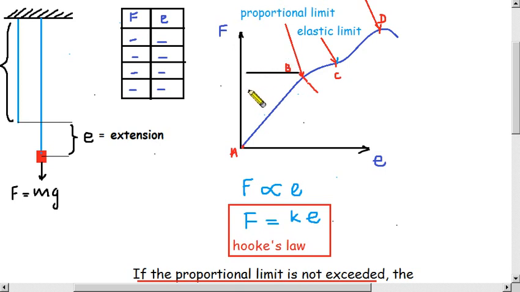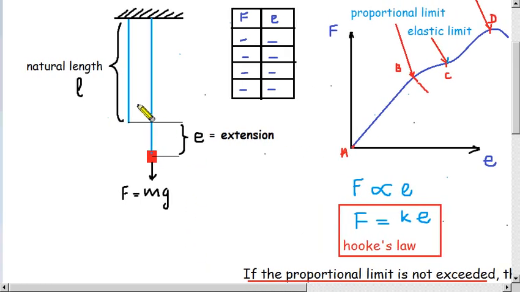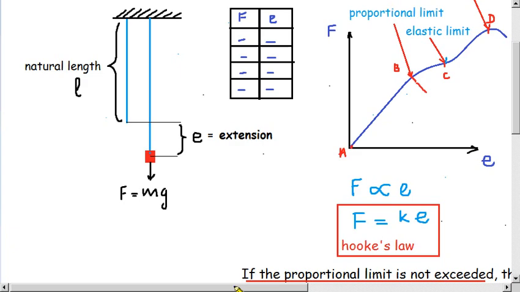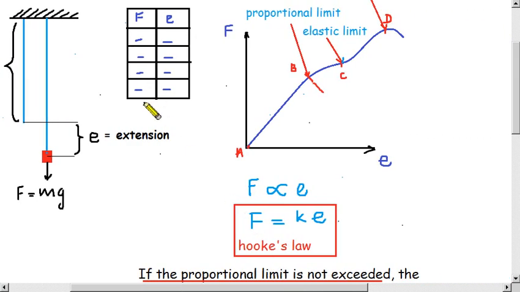That means if you remove the external force, the object will return to its natural length, to this original level. It won't be deformed. It is going to regain its original shape.